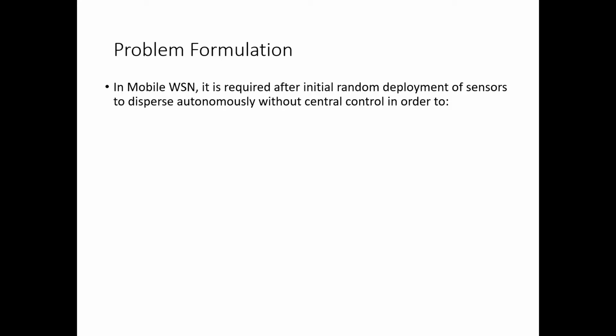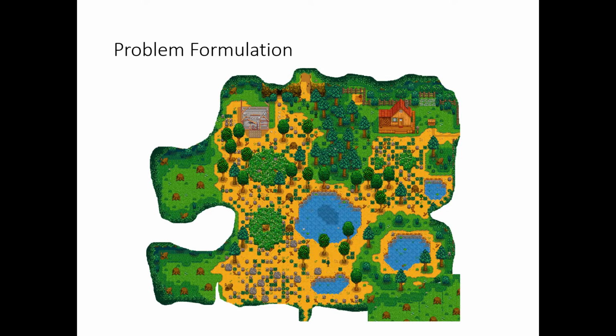So our problem here is: after initial random deployment, it is required to disperse sensors autonomously, without central control, with the objective of maximizing the coverage, establishing network connectivity, and avoiding obstacles. Here's an example. We have a farm and we would like to monitor it.